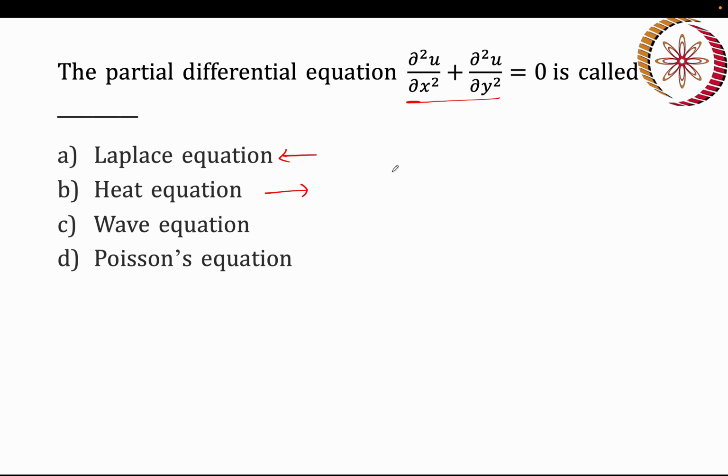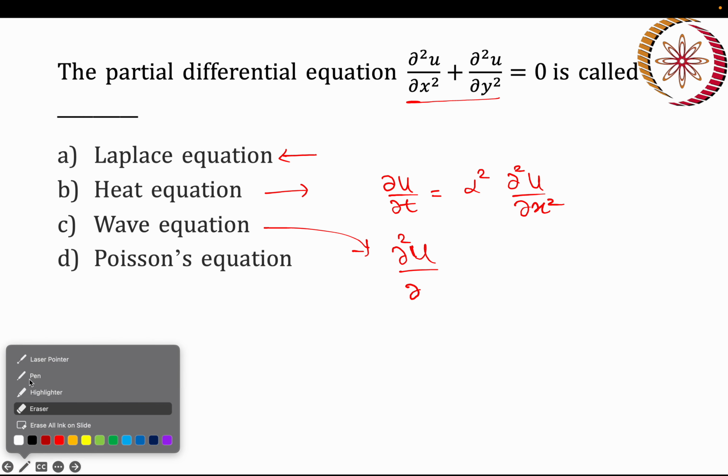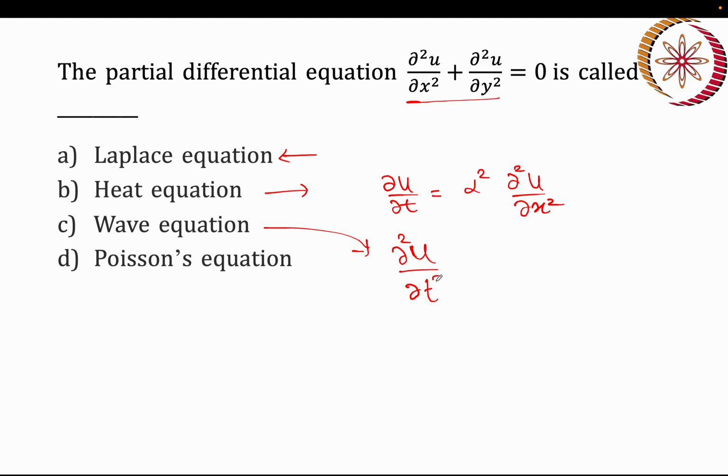For the heat equation, it will be ∂u/∂t = α² ∂²u/∂x². Then the wave equation is ∂²u/∂t² = c² ∂²u/∂x², and you can see the dimensions.